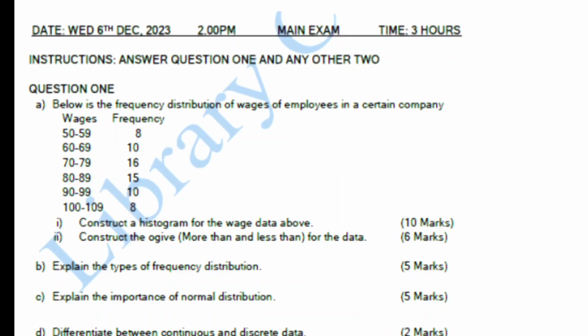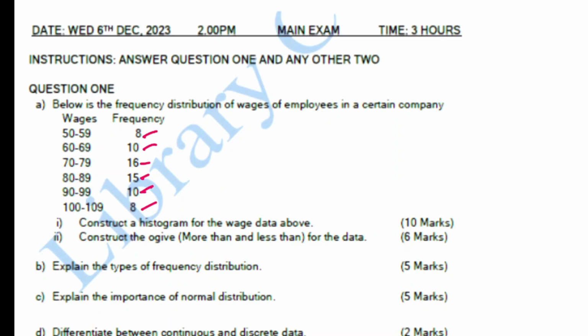So here, the class, you can see wages 50 to 59, frequency A, 60 to 69, frequency 10. Let me mark so that you can follow me. 60 to 69, 10, 70 to 79, 16, 80 to 89, 15, 90 to 99, 10, 100 to 109. These are the wages.